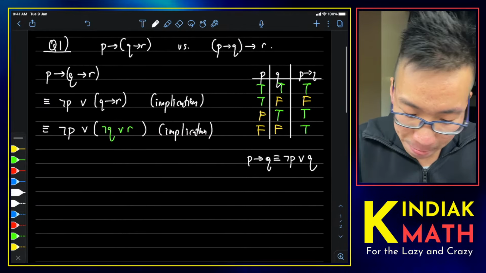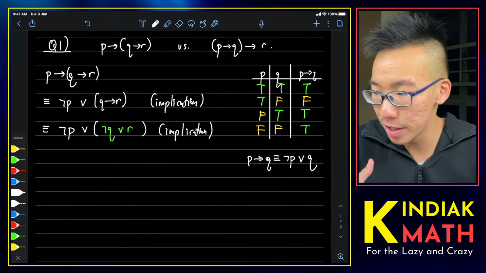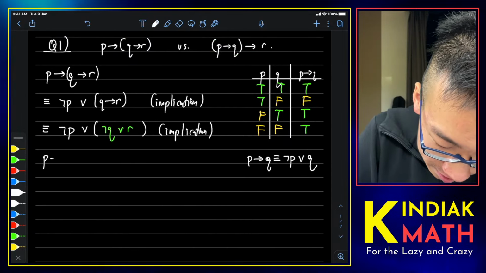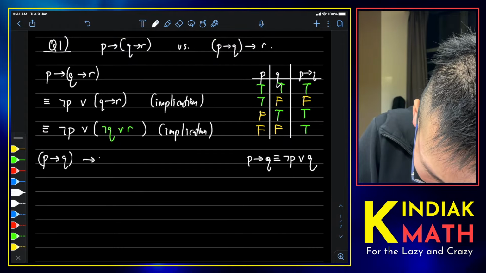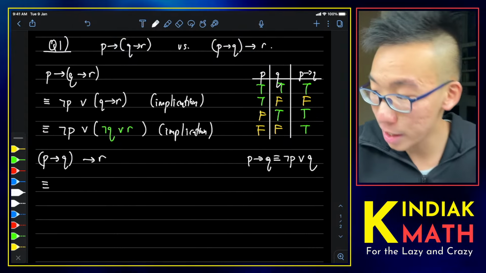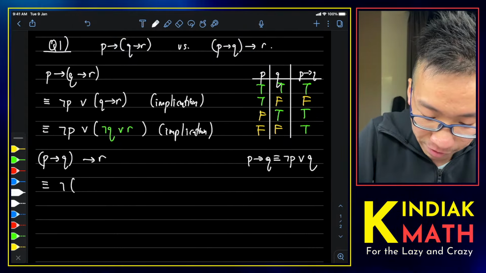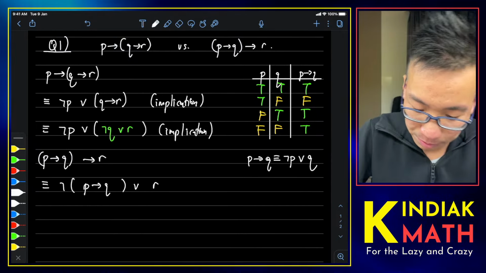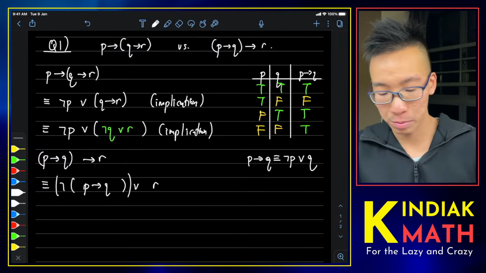Okay. Now, the second part of this simplification happens over here. So he does the same thing, and he is writing this as the negation of the first guy or the second guy. Right.